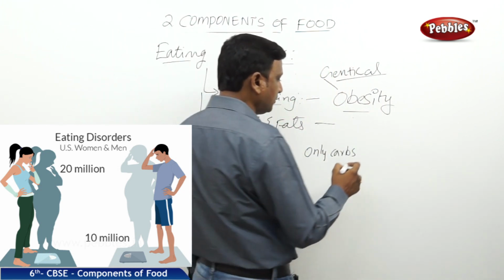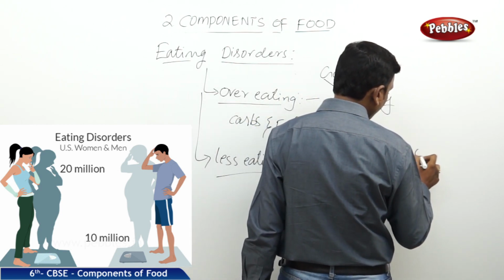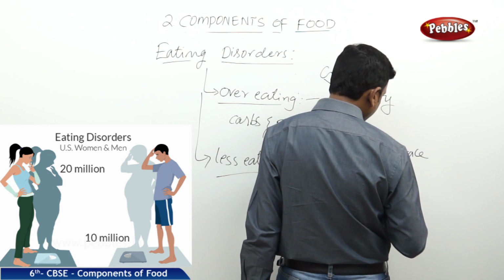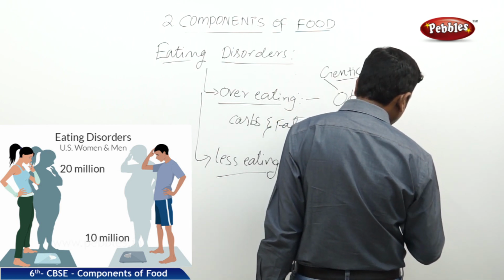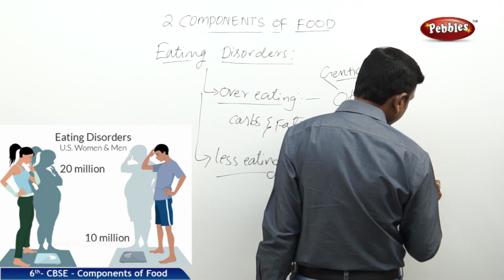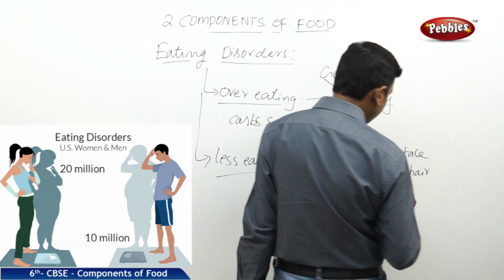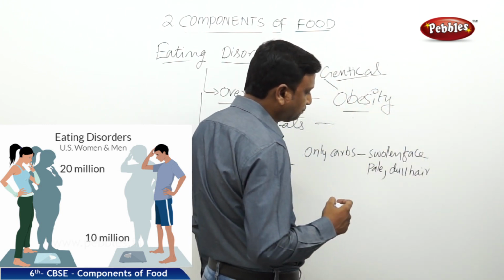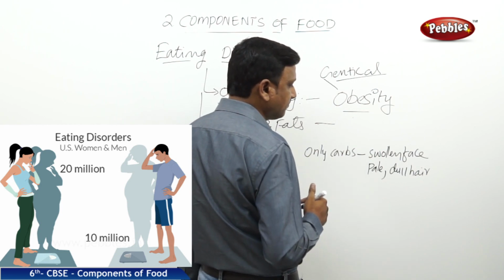It leads to a condition with a swollen face, pale appearance, dull, discolored hair, right? Their bodies are fluffy, with a swollen tummy, swollen face, dull hair.